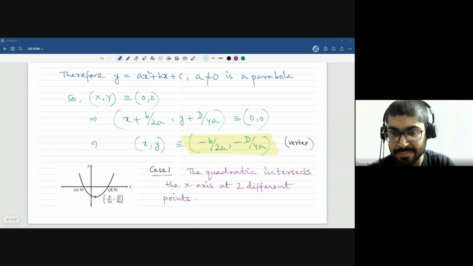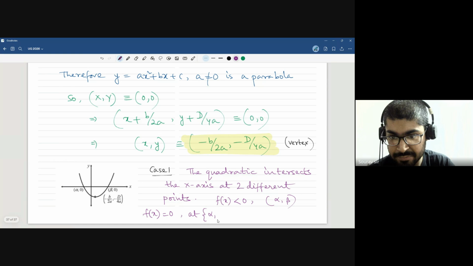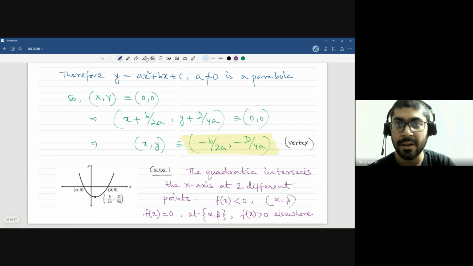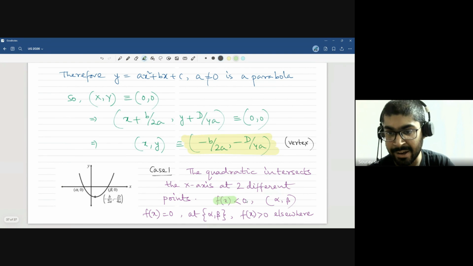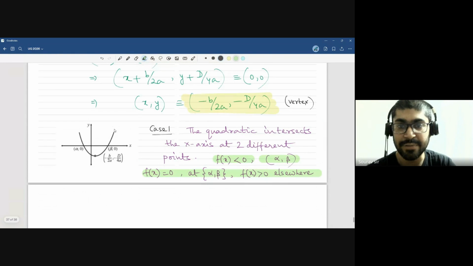So f(x) is less than 0 between alpha and beta. f(x) is 0 at alpha, beta. f(x) greater than 0 elsewhere. Agree? So this is the first one.